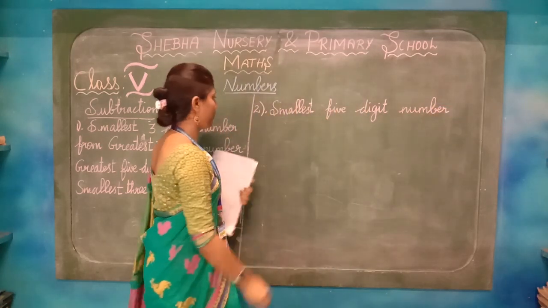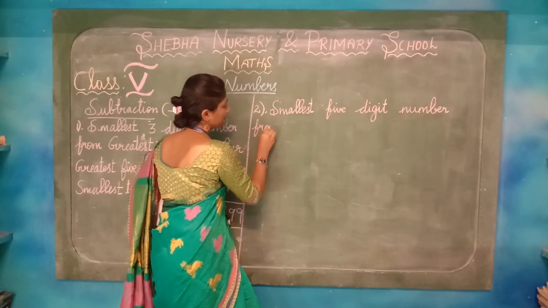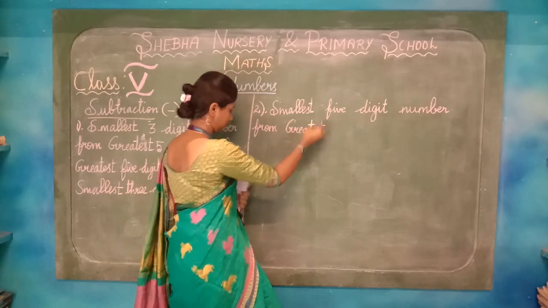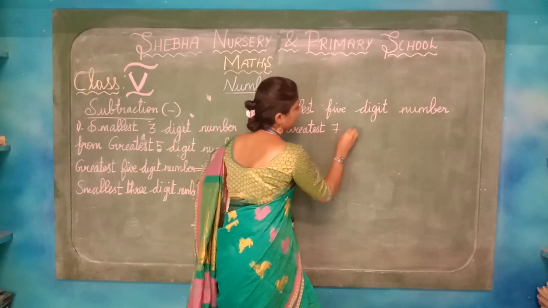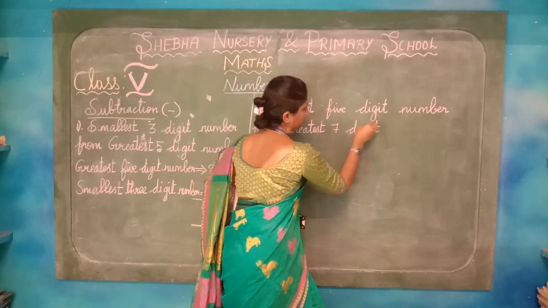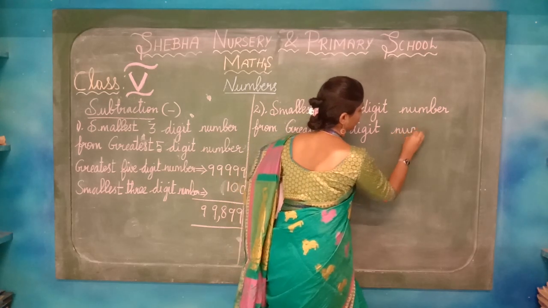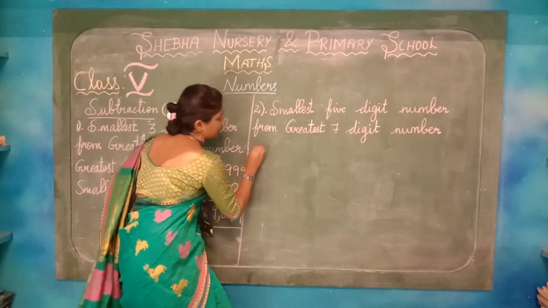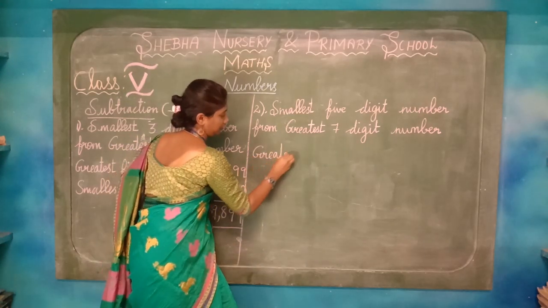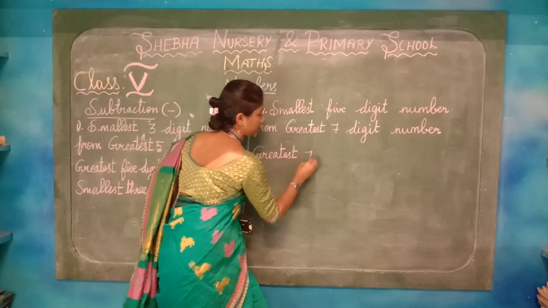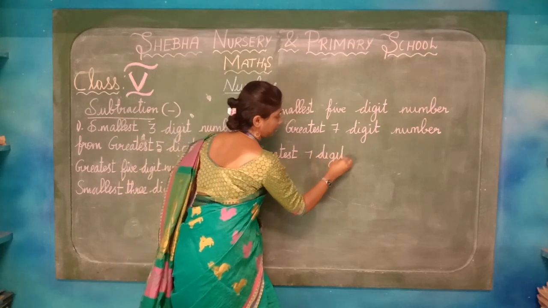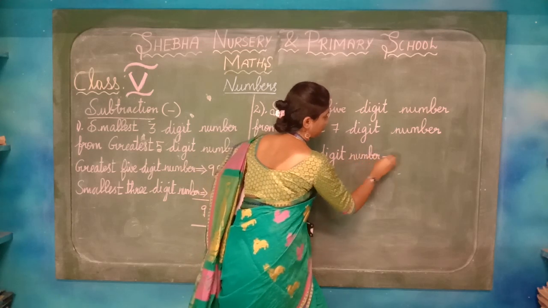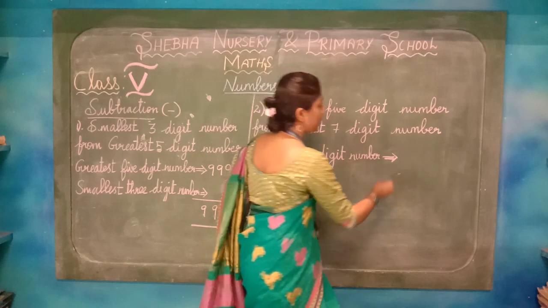Smallest 5-digit number from greatest 7-digit number. First we have to write the greatest 7-digit number. You have to write 9 seven times.